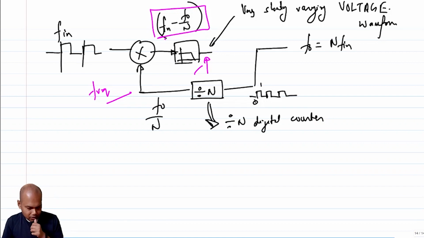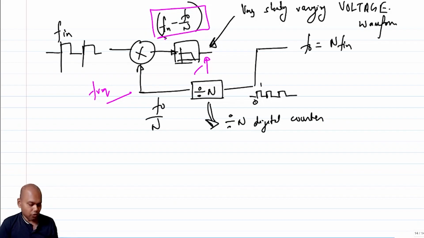Correct? So now what will be the purpose of this voltage waveform? What information does it have? It has the error information. It is the error information that would help us in driving the output towards the frequency of interest, right?